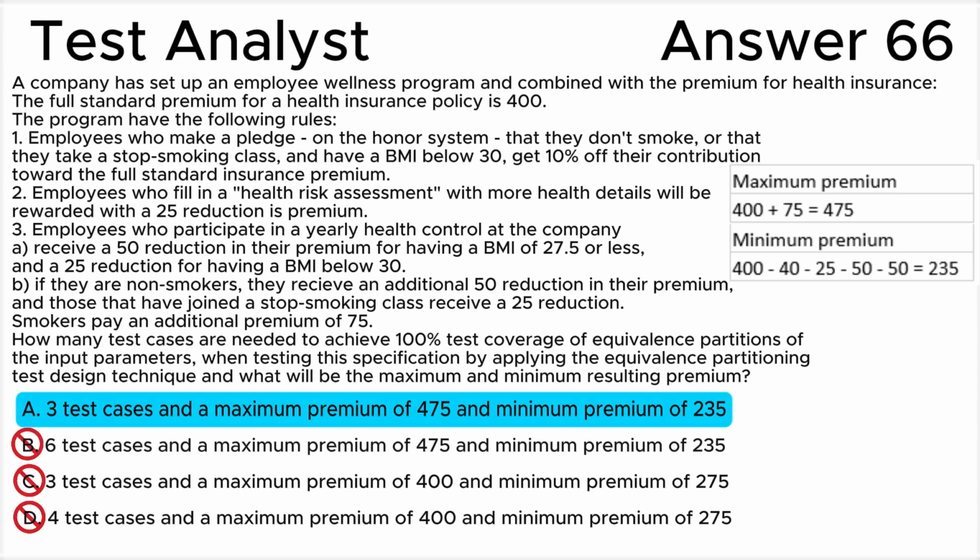My recommendation: this question is very difficult. Note that there are 2 key points here. 1. Determine the equivalence classes for the input parameters. I emphasize, for the input parameters, not output. 2. Correctly calculate the maximum and minimum premium.